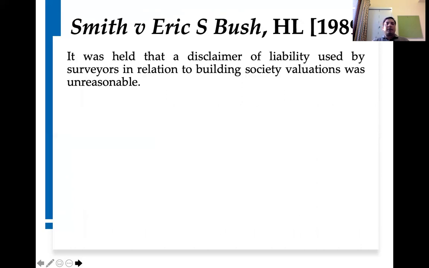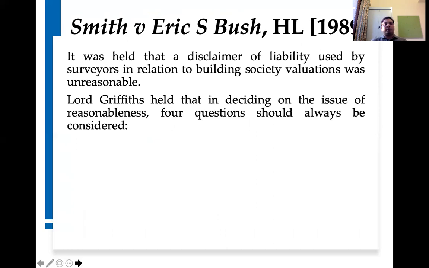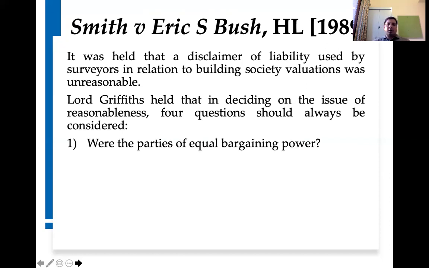In another case, it was held that a disclaimer of liability used by surveyors in relation to building society valuations was unreasonable. Lord Griffiths held that in deciding on the issue of reasonableness, four questions should always be considered. First, were the parties of equal bargaining power?